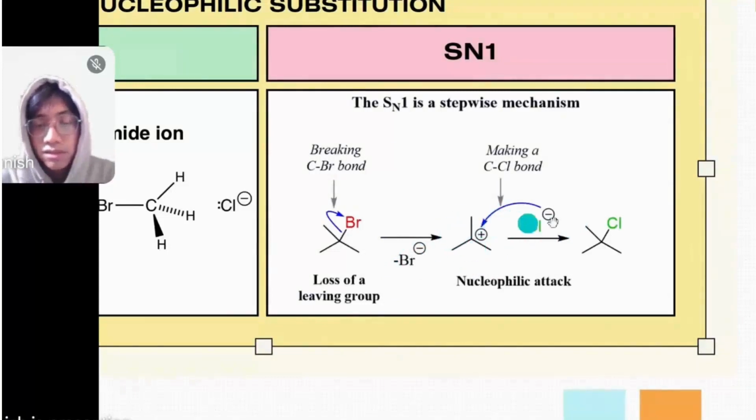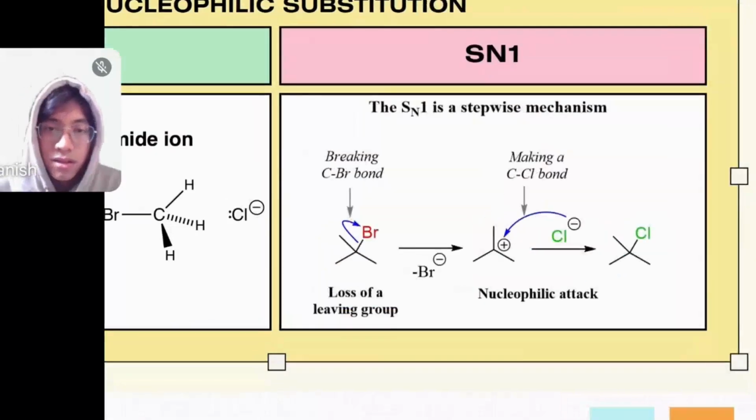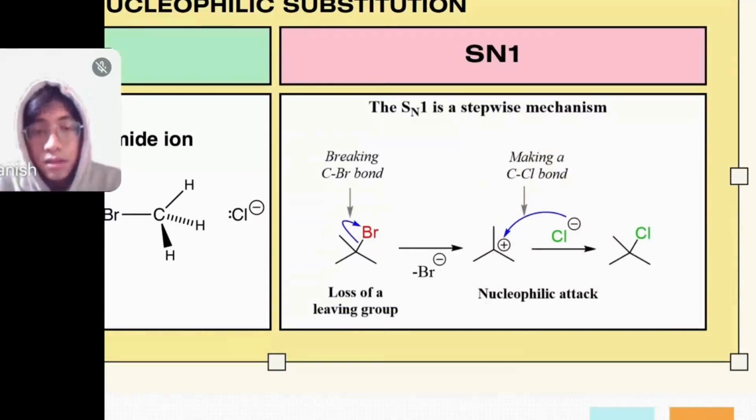This intermediate will be attacked by the other nucleophile. This nucleophile will attack the carbocation, and then it will form the product. So SN1 is a two-step mechanism, but SN2 is only a one-step mechanism. In SN2, no carbocation forms, but in SN1, a carbocation forms.